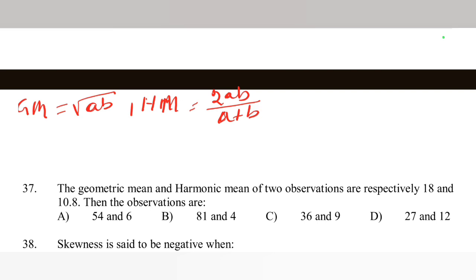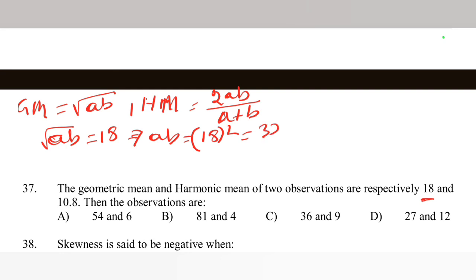So the geometric mean is equal to 18, so root AB is equal to 18. This implies AB is equal to 18 square, which is 324. Then we know the harmonic mean value is equal to 10.8.